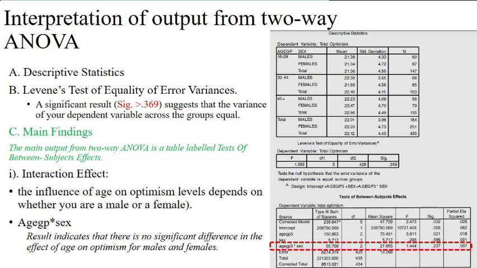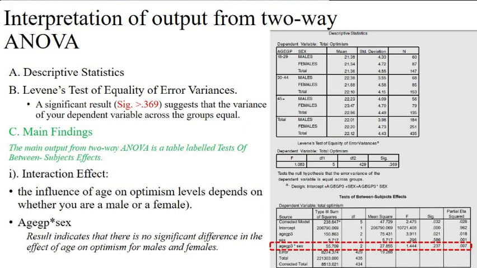Even overall, taking all of the data, does the level of optimism differ by gender or not? We can see here, in front of sex, the significant value is 0.586.